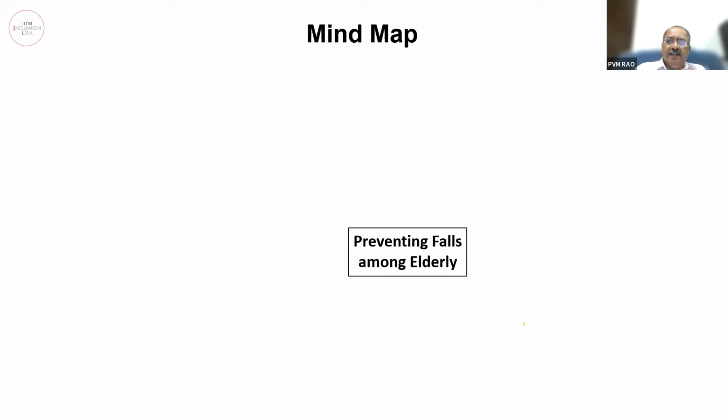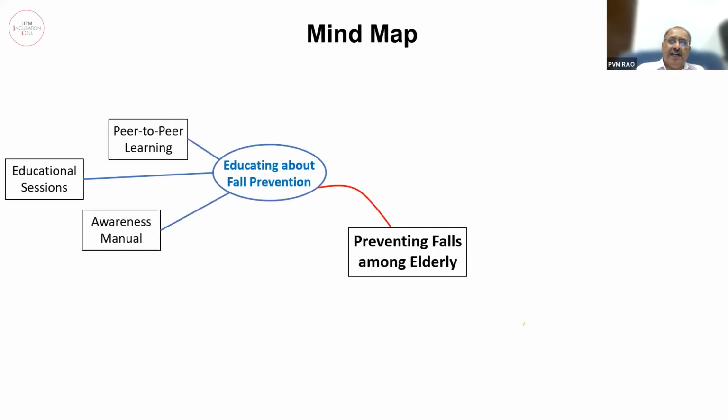For example, if I take this problem of preventing falls among the elderly, one type of solution could be just educating elderly people about fall prevention, which may range from peer-to-peer learning sessions to specific educational sessions to preparing an awareness manual about falls.